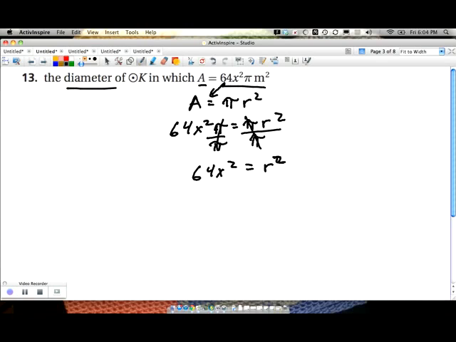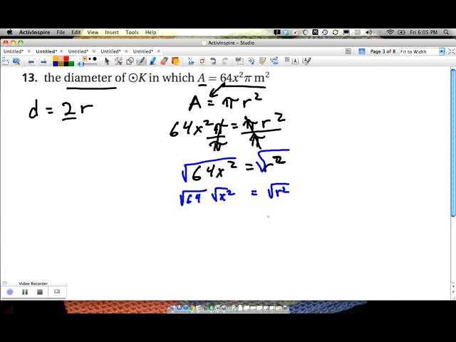Why would I be wanting to find the radius? Well, if I think ahead, I know that the diameter is going to be 2 times the radius. So if I find the radius, then multiply it by 2, then I get my diameter. Let's see if we can figure out the radius from this step. We notice that each side has a squared in it. Even the 64 is something squared. So if I square root each piece, that means I get square root of 64, square root of x squared, and over here square root of r squared.